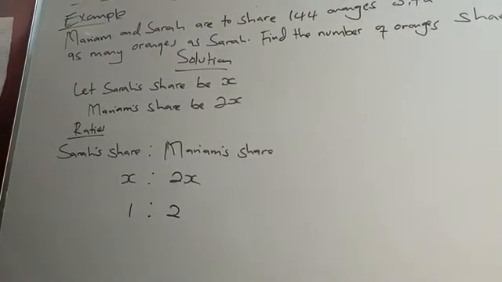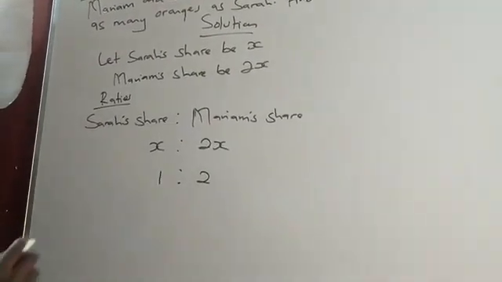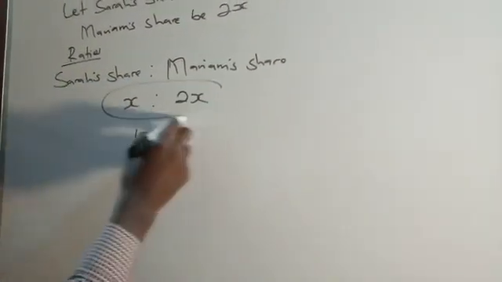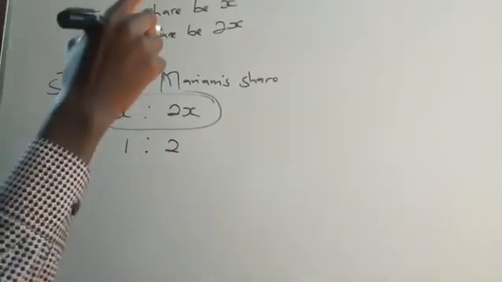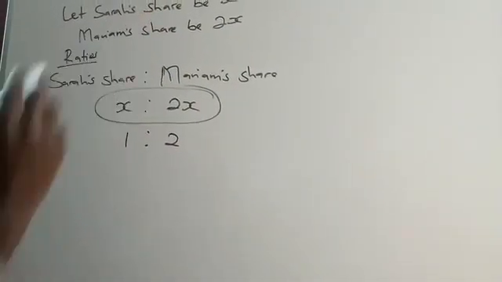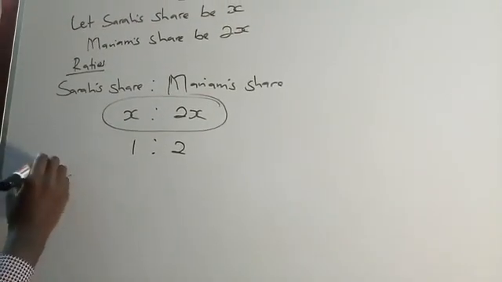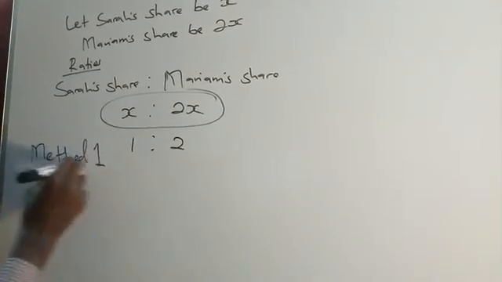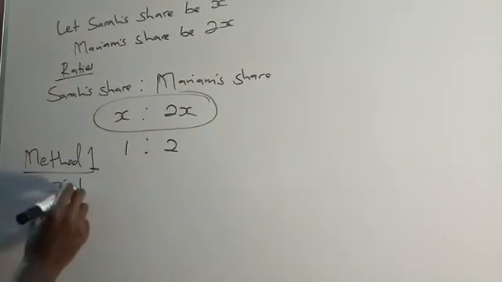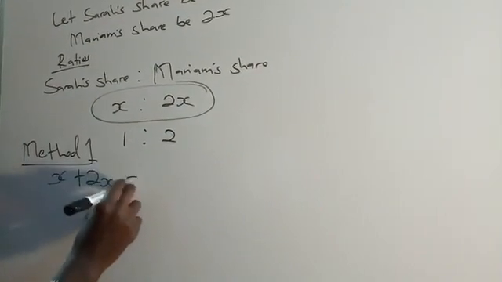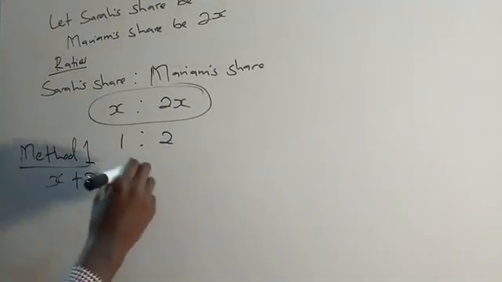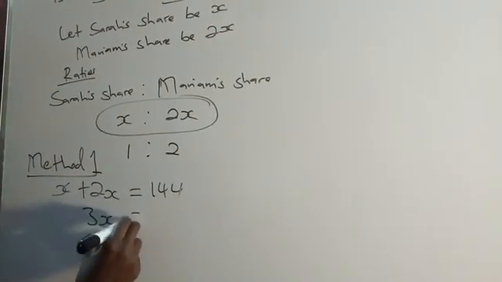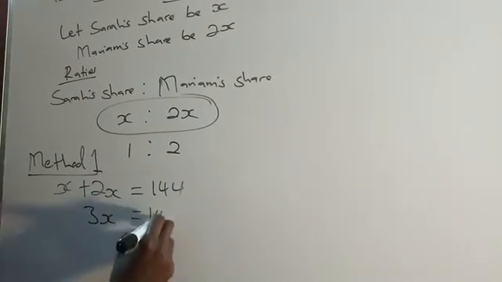The first will be by summing these shares, equaling 144. Let me say, method 1: x plus 2x equals 144, getting 3x equals 144.